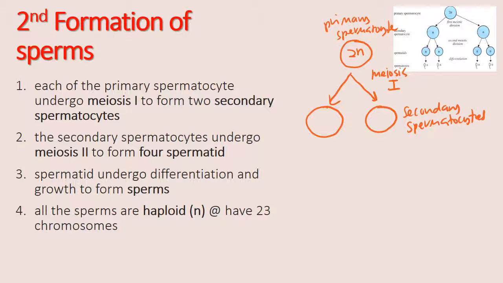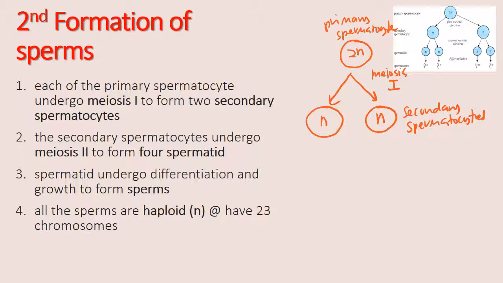Starting from meiosis 1, the number of chromosomes becomes haploid, which means the number of chromosomes is halved from 46 to 23.